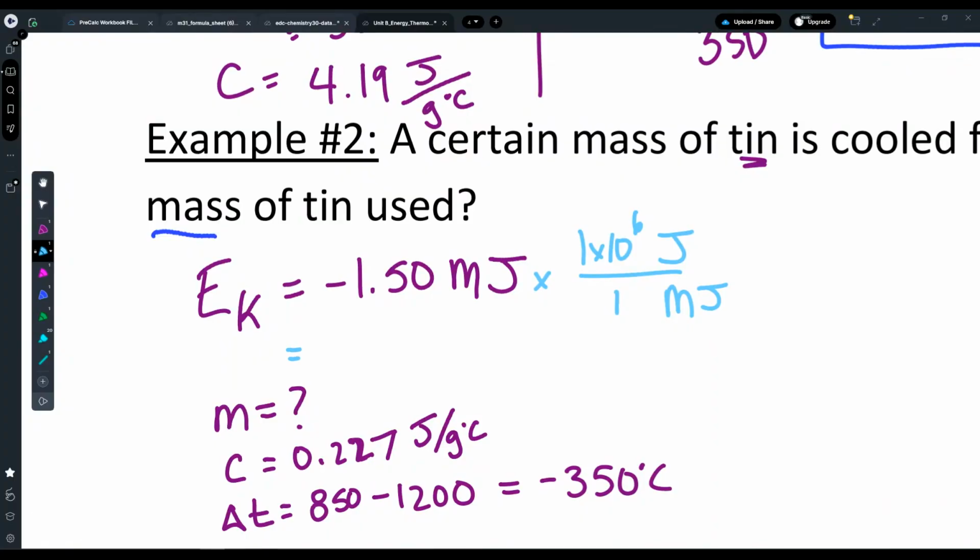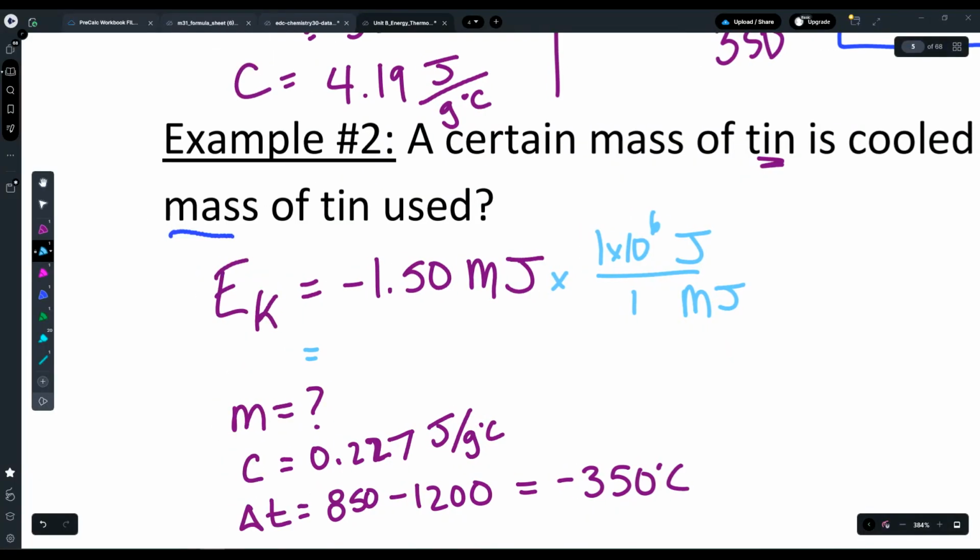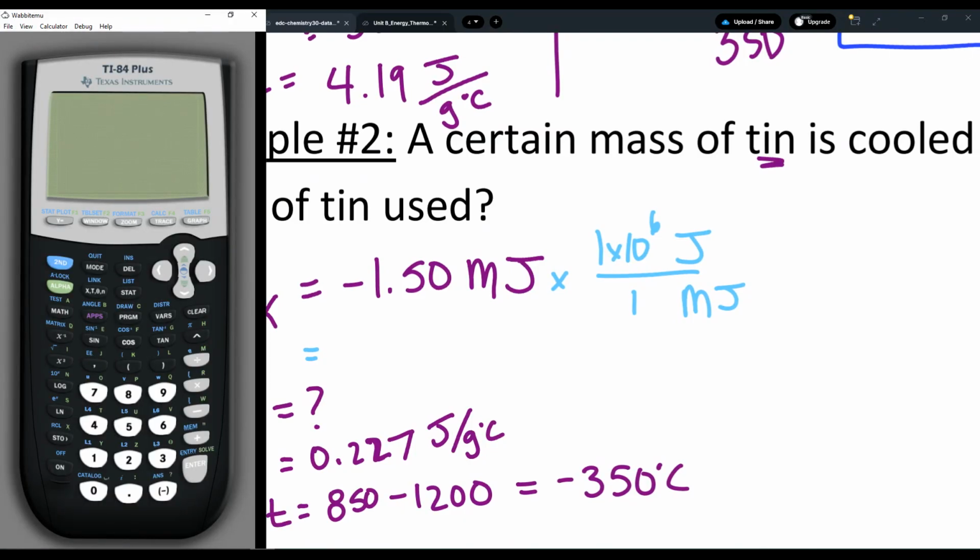So if I multiply that out, let's clear this. How I do that is negative 1.5 times 1, and then I'm going to go second function log to get that 10 to the power of 6. Hit the right arrow, close the bracket, hit enter.